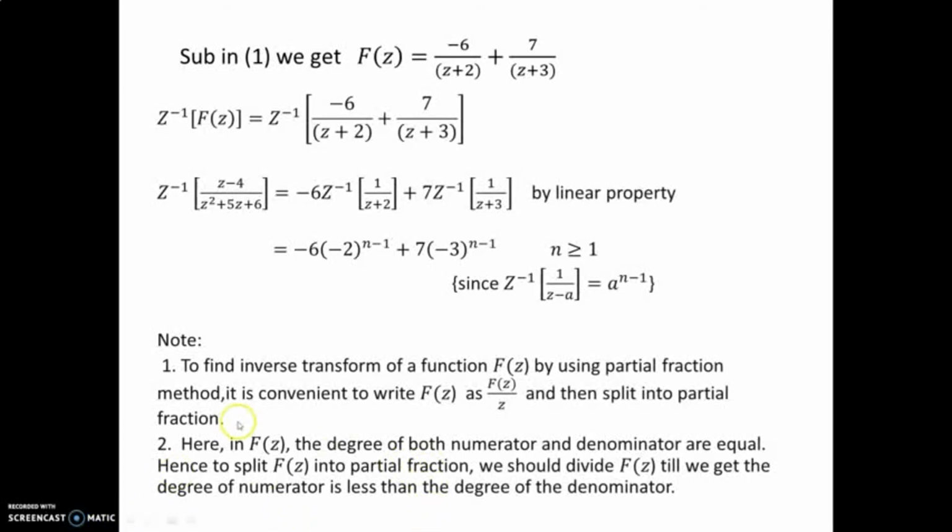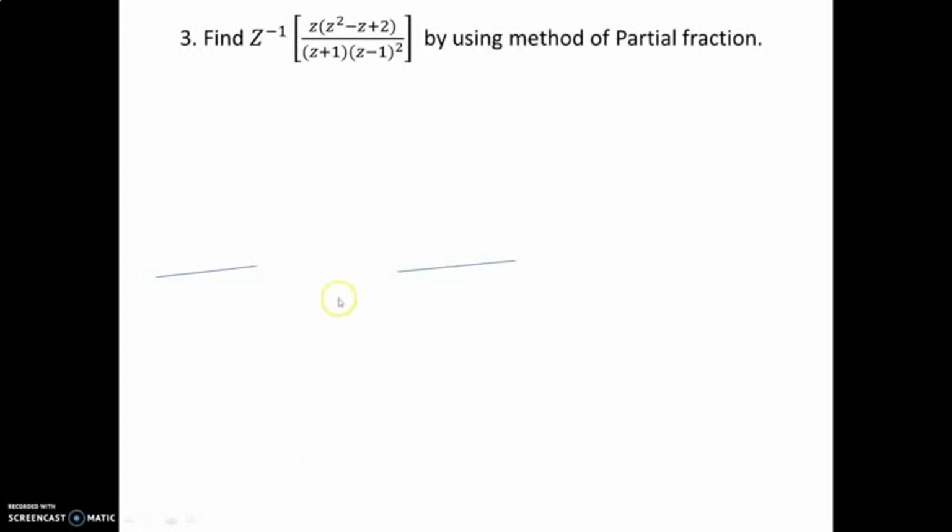So here in f of z, the degree of both numerator and denominator are equal. Hence, to split f of z into partial fractions, we should divide f of z till we get the degree of numerator less than degree of denominator. Find z inverse of z into (z squared minus z plus 2) divided by (z plus 1) into (z minus 1) the whole squared by using method of partial fraction.